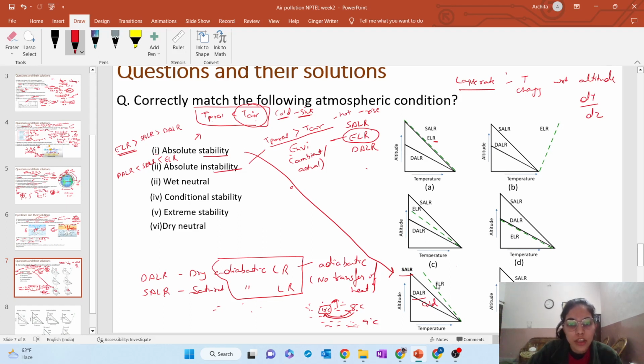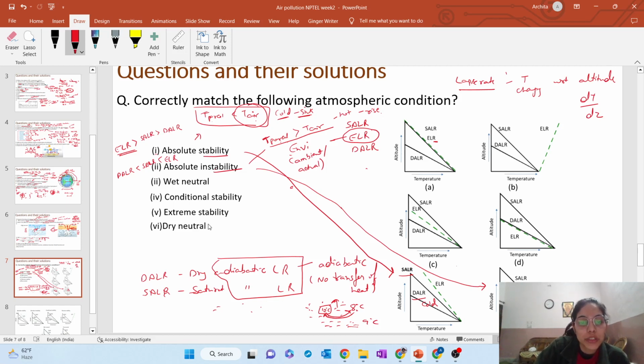This is for instability: when the ELR, the change in actual or ambient temperature, is less compared to the theory, the parcel is more hot and rises. In DALR and SALR the parcel is more hot, so they rise. So this is a condition of instability.